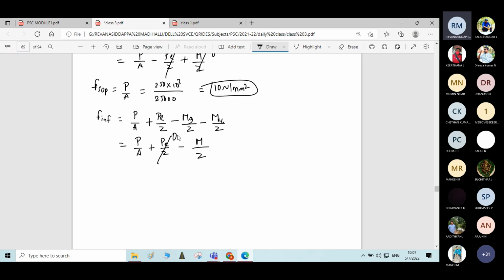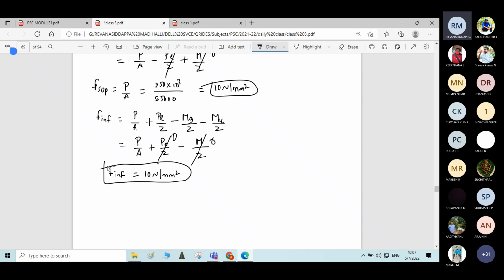Eccentricity is 0, this term gets cancelled. Moment is also 0, this term also gets cancelled. F inferior is also P by A only, so you will get the same answer, 10 Newton per mm square.